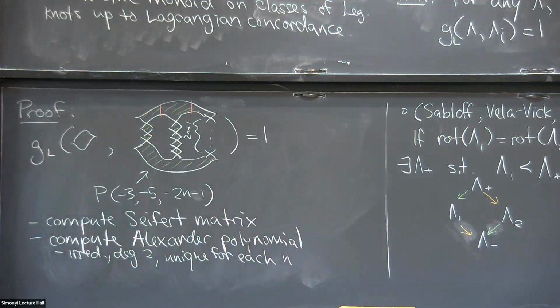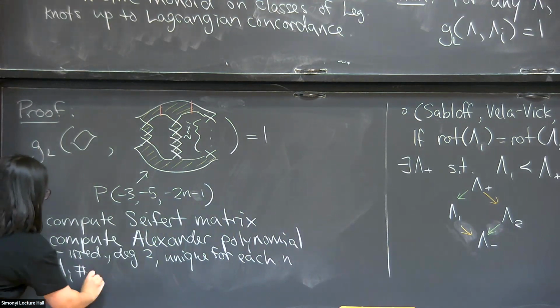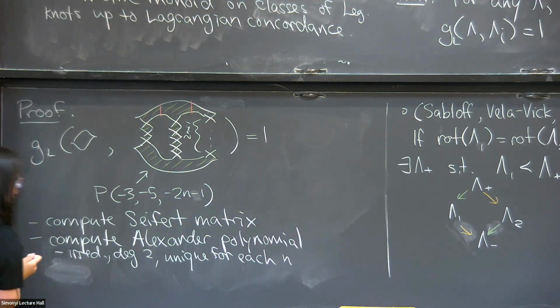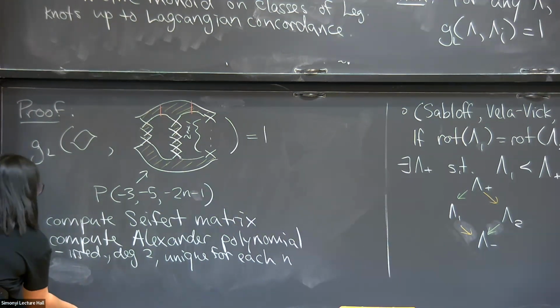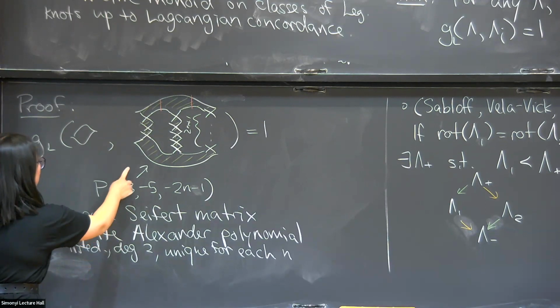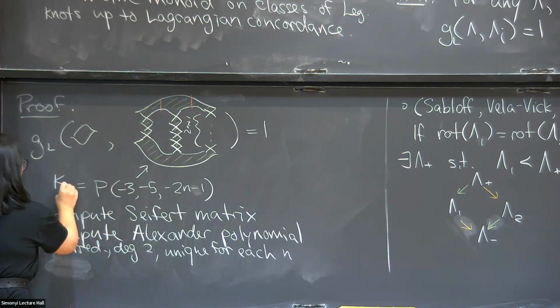And that means that if I take 2 knots and I compute the Alexander polynomial of their connect sum, then that is going to be the product of their Alexander polynomials. And in particular, so let me call this Kn.